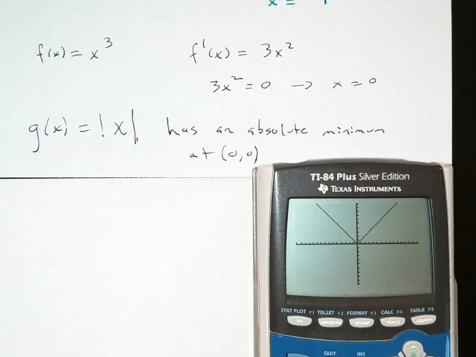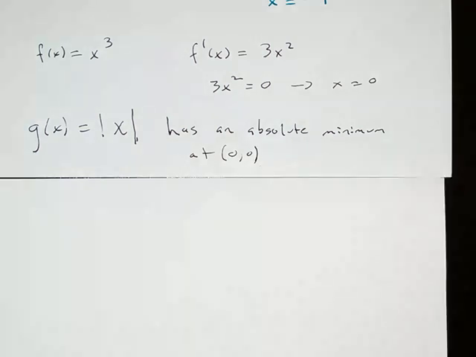Where we have corners, we don't have derivatives. As a matter of fact, back in chapter 2, section 7, I believe, where we did the definition of the derivative with the limit, we did this function as an example. And the derivative had a jump in it. There is no value at 0.